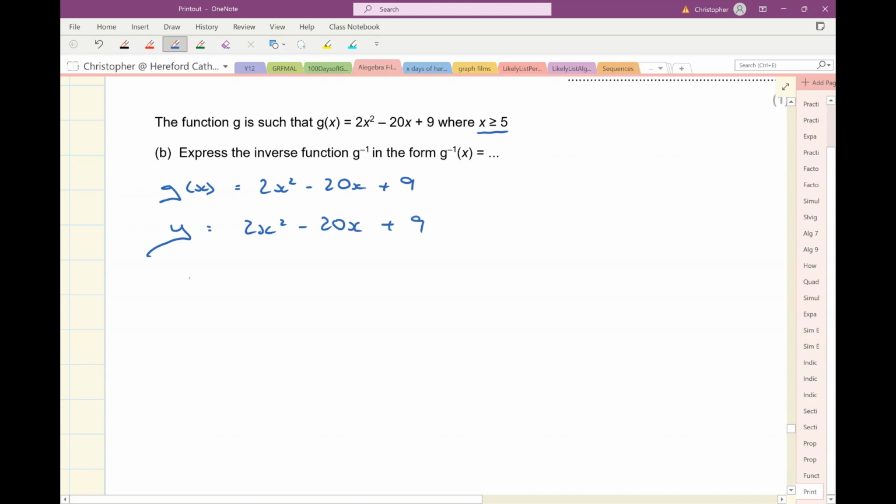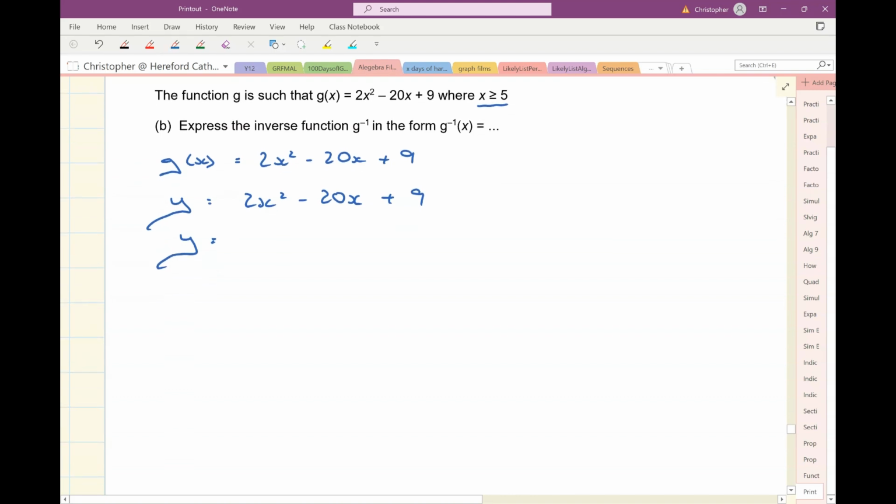To make x the subject, I'm going to need to complete the square because I've got a quadratic expression on the right. Now, when I complete the square, I really only want a positive single x squared. So I'm going to take 2 out of that expression: 2 lots of x² − 10x, close the bracket, copy down the +9. Now I've got a single positive x squared.